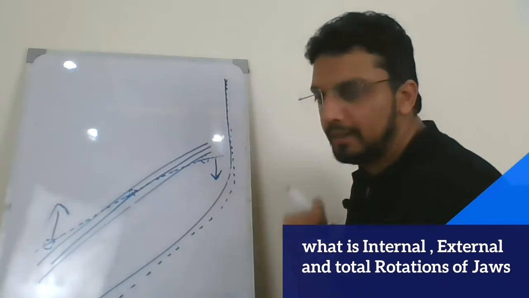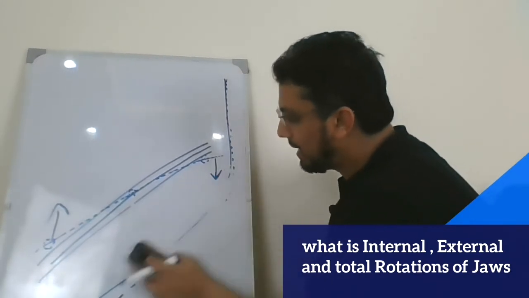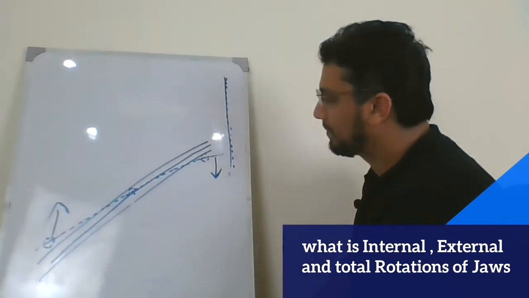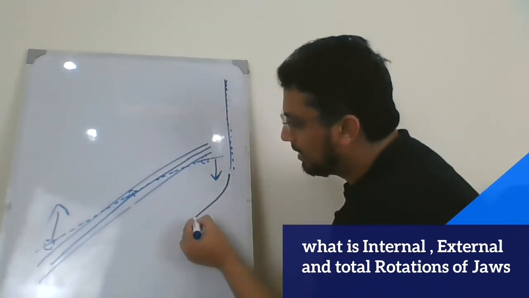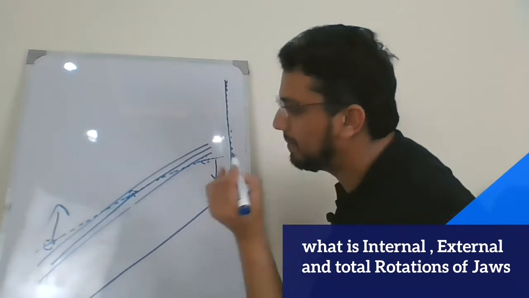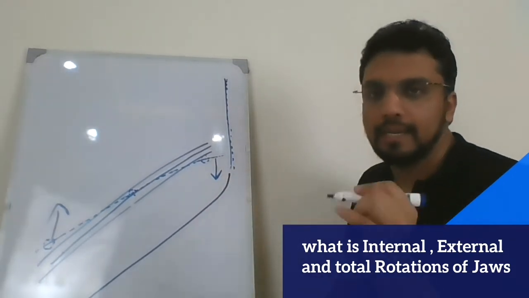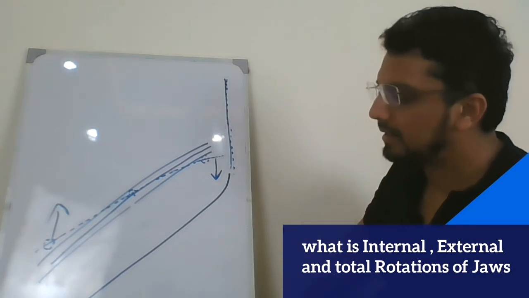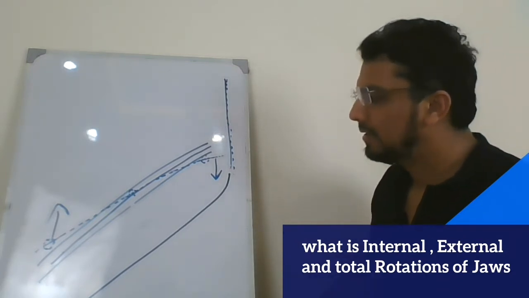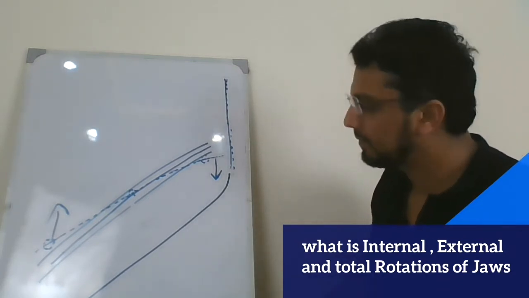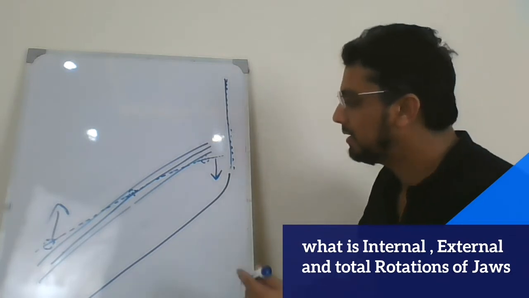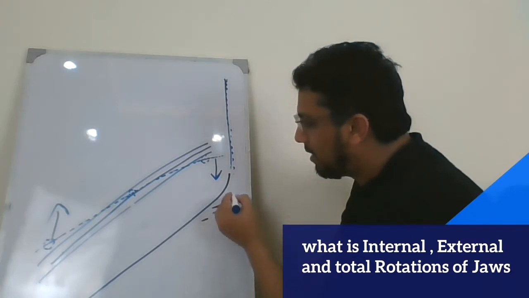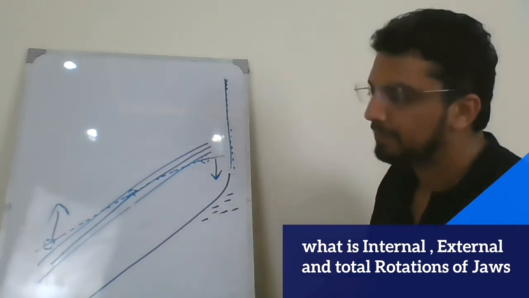Internal rotation is clear. For example, this is the lower border of the mandible in the initial X-ray, and with the resorption, you have the resorption of the bone on this side.